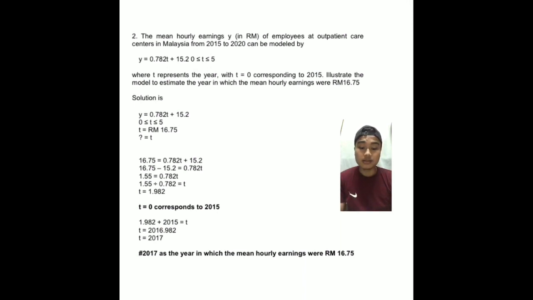So now 1.982, the answer of the t, plus 2050 equals t, so the answer is 2,016.982. So the year is 2070, in which the mean hourly earning was 16.75%.